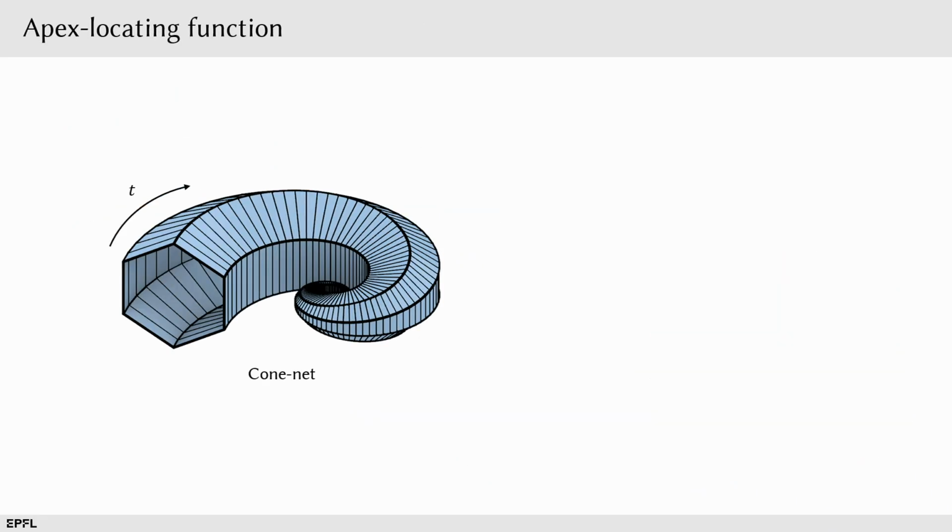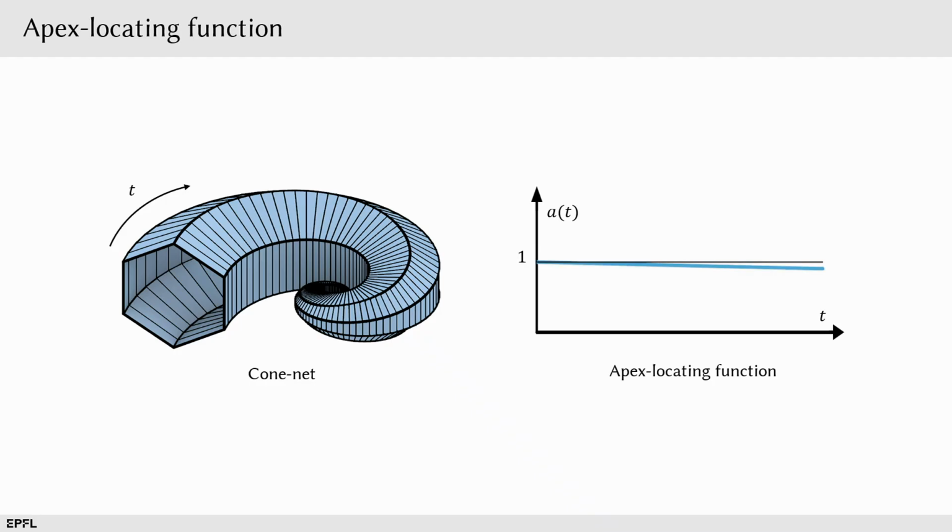For a full conet, a user can specify a scale factor for each parameter t, when we think of t as being the discrete parameter that parameterizes the directrix. So, for example, this shape will get a discrete set of values that we plotted over there, and we will refer to this list of scale factors as the apex locating function.